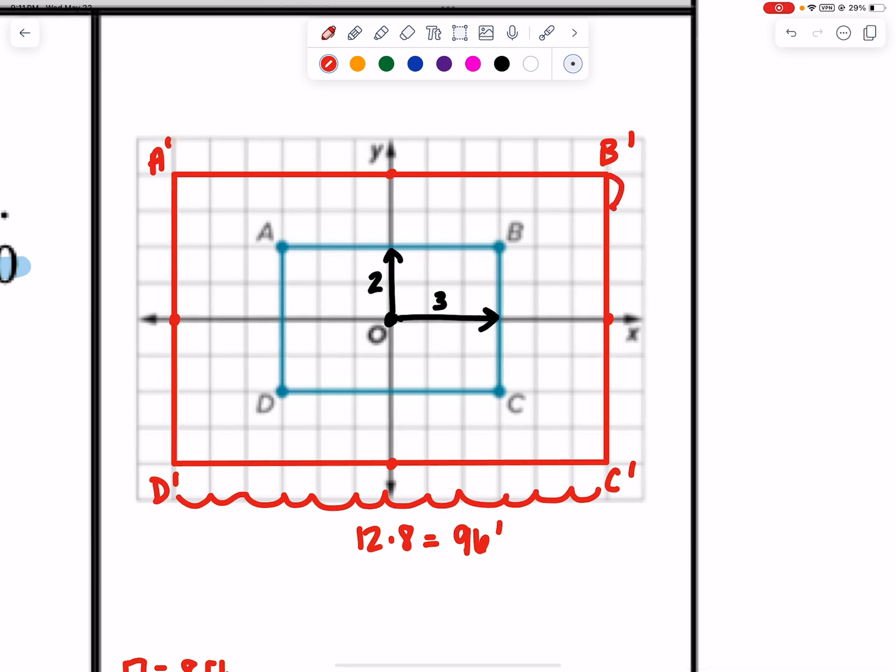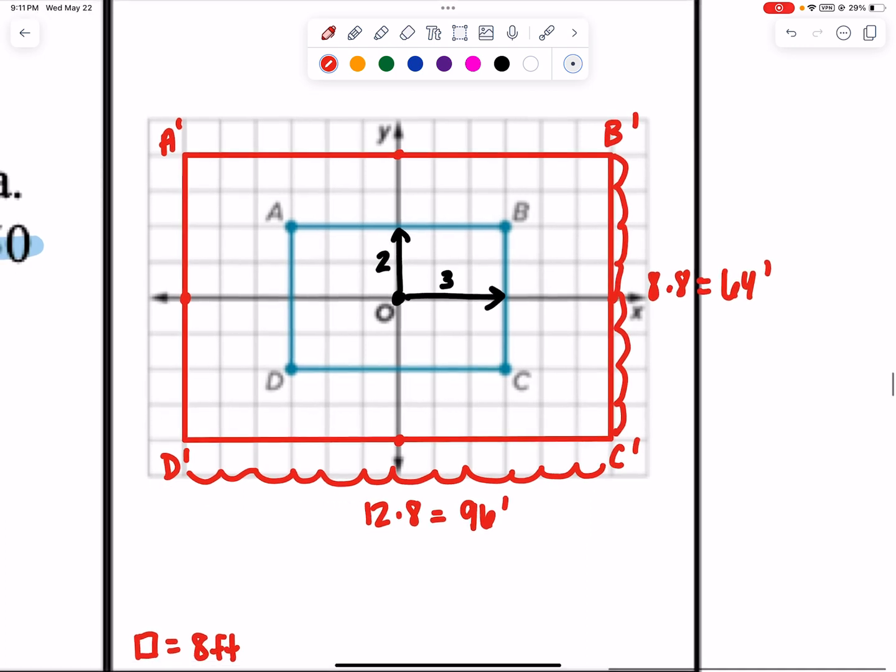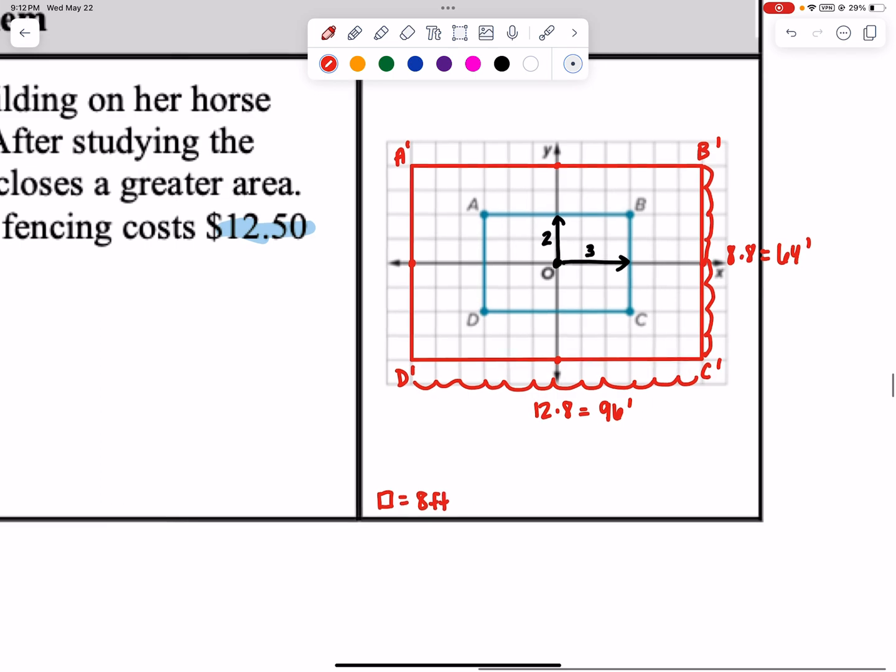So we have 1, 2, 3, 4, 5, 6, 7, 8. And 8 times 8 is actually 64 feet. If you're not sure, double check on your calculator. Now we have the actual dimensions of the new garden size, converted to the proper amount of feet.